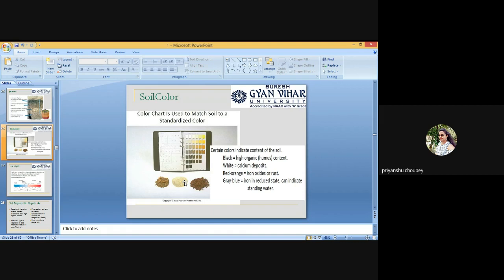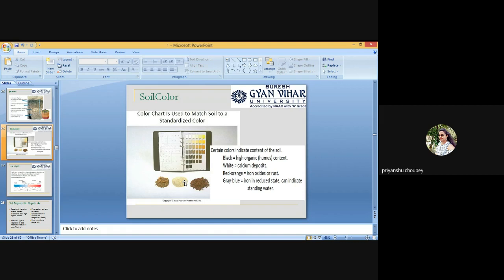So now, the most important factors influencing soil color. The first one is the mineralogy and chemical composition of a soil. That is the most important. Presence of manganese oxide imparts black, while glauconite imparts a green color to the soil.